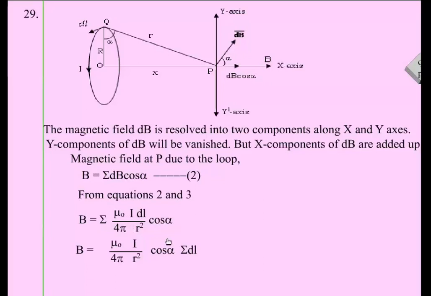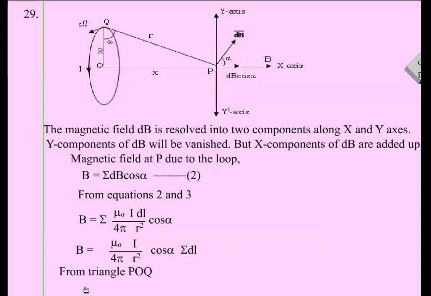Cos alpha is also constant, take it outside. This summation applies only for dl. Summation of dl means addition of lengths of the elements. Look here, dl plus dl plus dl. So when all these dl's are added all around the circumference, it gives the length of the circumference.